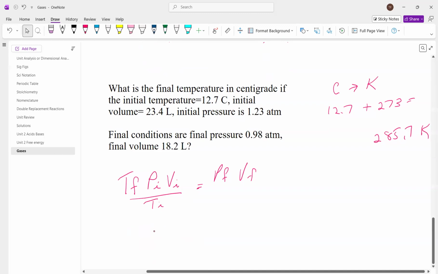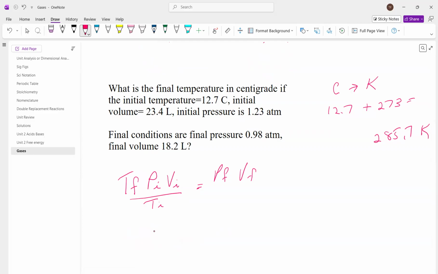Now we're going to cross multiply the initial temperature. That's going to bring that over here. And then we're going to divide both sides by P sub I. That means that cancels.